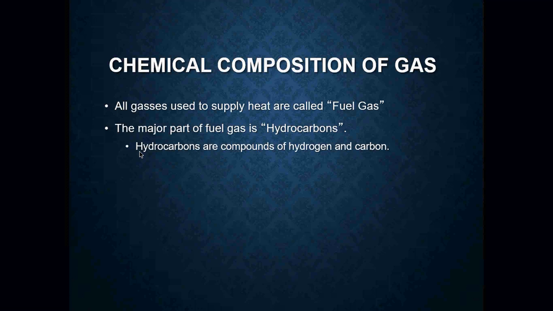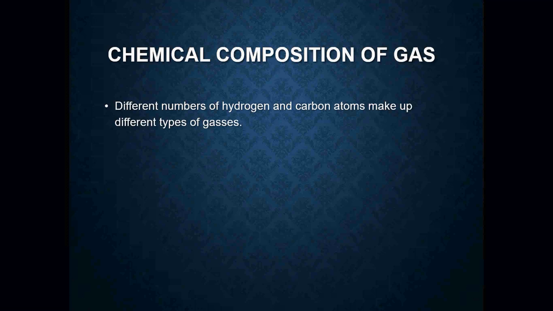Okay, so what are we doing with these compounds? Well, a lot of our composition of these different gases is really determined by the number of hydrogen and carbon atoms that actually make up these different gases. The more atoms that we have in these gases, the hotter they burn.